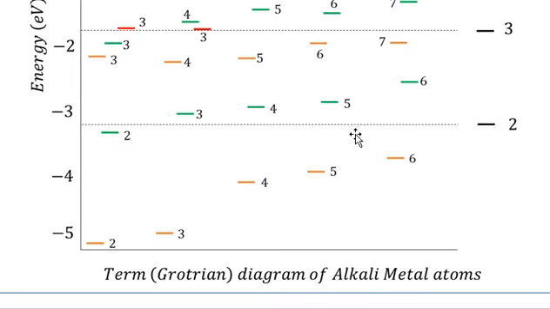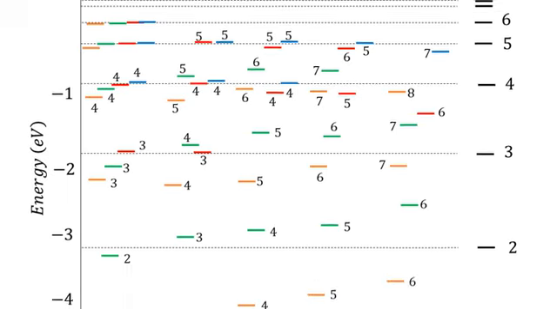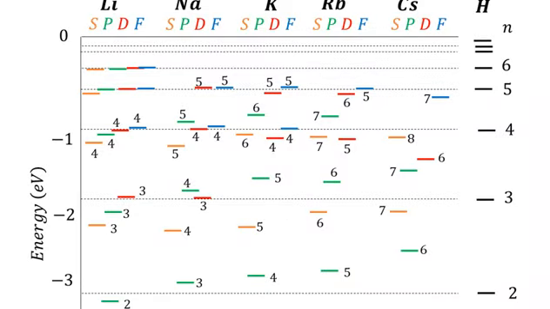You see that we have drawn a dotted horizontal line against the principal quantum number 2 level, and similarly dotted lines corresponding to the principal quantum numbers 3, 4, 5, 6 and so on. These horizontal dotted lines provide a reference with respect to the principal energy levels of the hydrogen atom, determined by the principal quantum numbers, so that we can make a quick comparison.